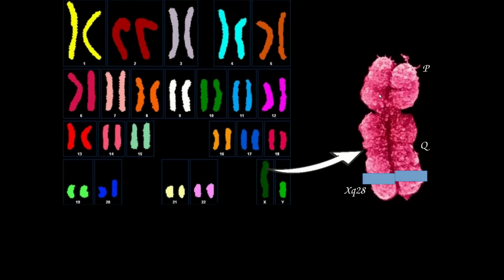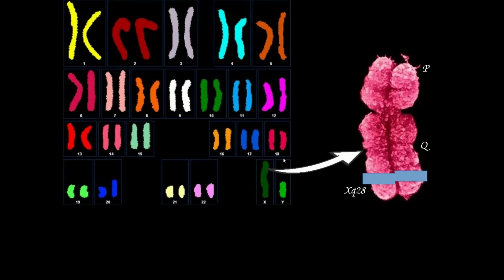This is the P arm of the chromosome, this is the P arm of the other chromosome, this is the Q arm of the chromosome, and this is the Q arm of the other chromosome. P stands for petit, which means small or little in French, and Q is just the letter after P in the alphabet, because geneticists sometimes aren't that creative.